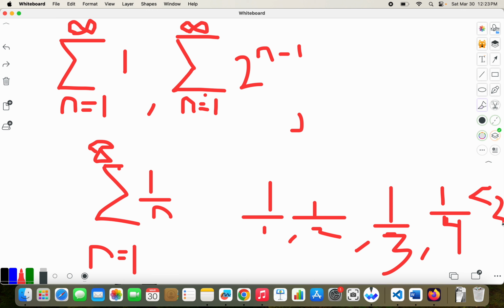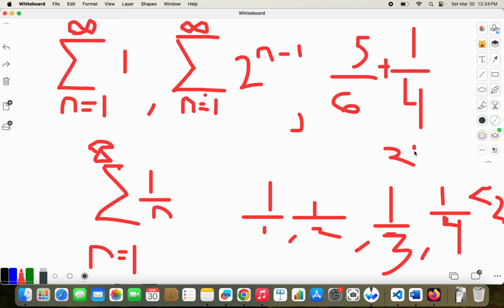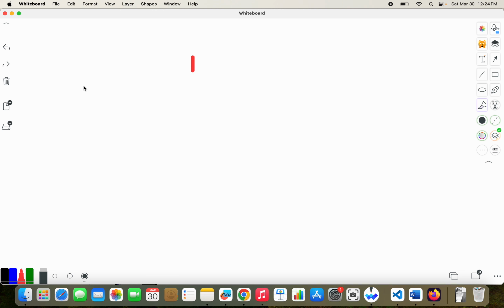Actually, wait a minute. 1 half plus 1 fourth. Don't ask what I'm doing with this. Actually, I'm not sure where it approaches. All of those approach 1. That approaches 2, so maybe it approaches 3. Anyway, we are going off track here.